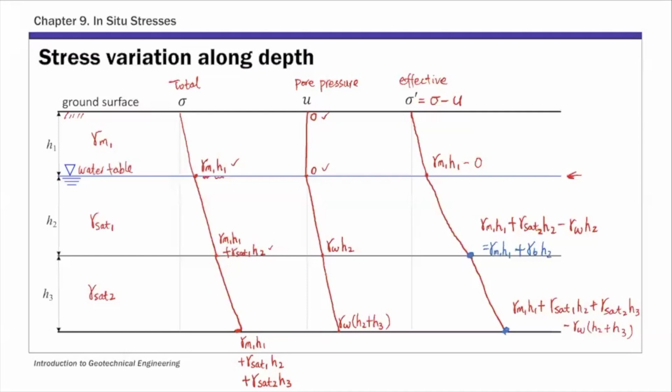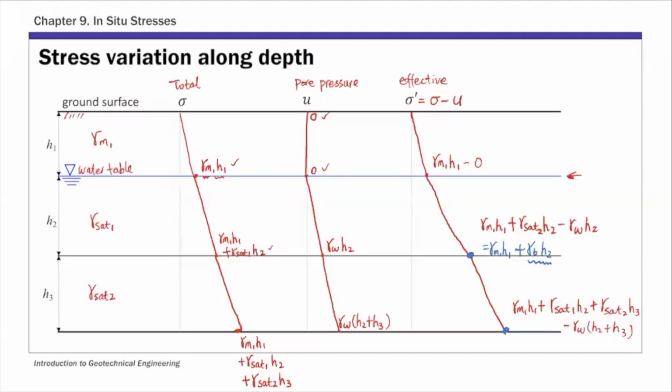So this is what I showed at the beginning of this lecture. If the soil is saturated, the effective stress for that soil layer can be calculated using the buoyant unit weight. So that's this second term, the effective stress of this second, saturated soil layer.